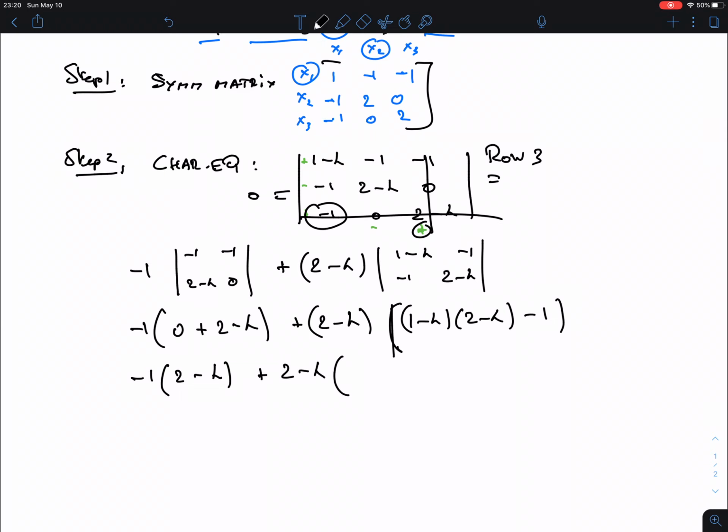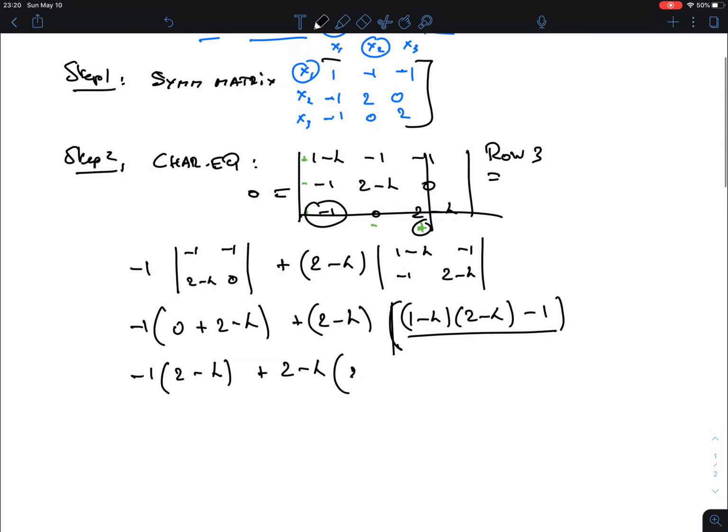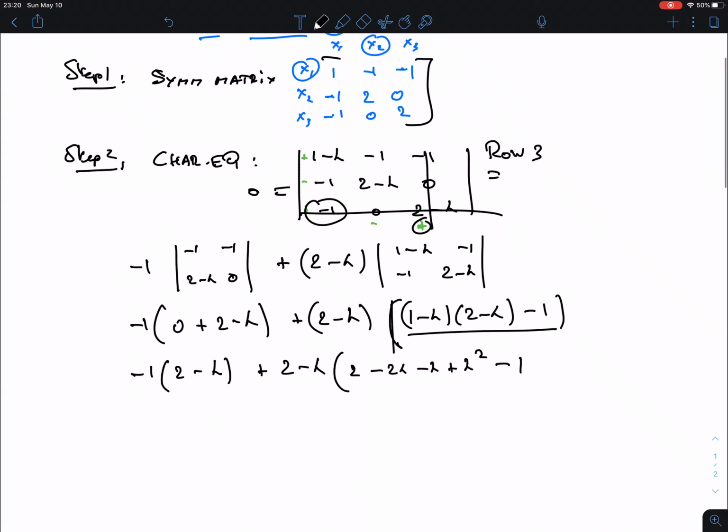Let's expand this at least. That's a 2, minus 2 lambda, minus lambda, plus lambda square, -1.